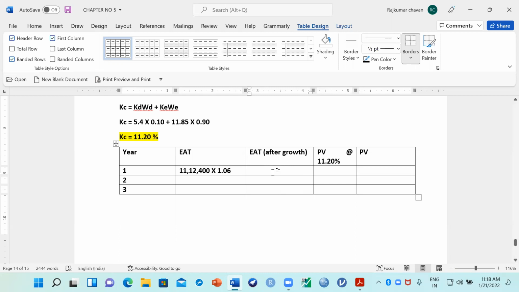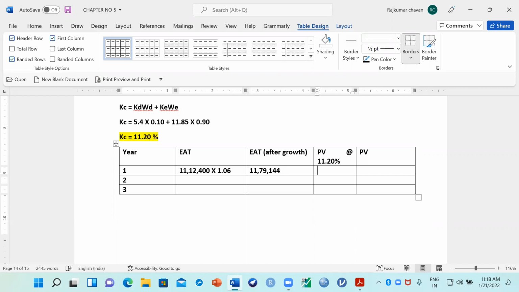Calculate 11 lakh 12,400 into 1.06. 11 lakh 79,144. So the total value after growth will be 11 lakh 79,144, right.